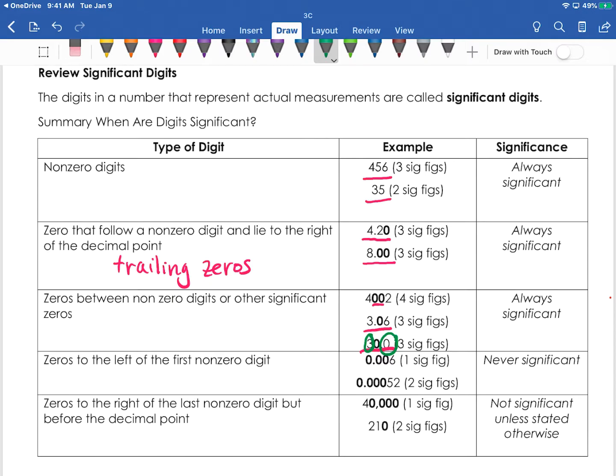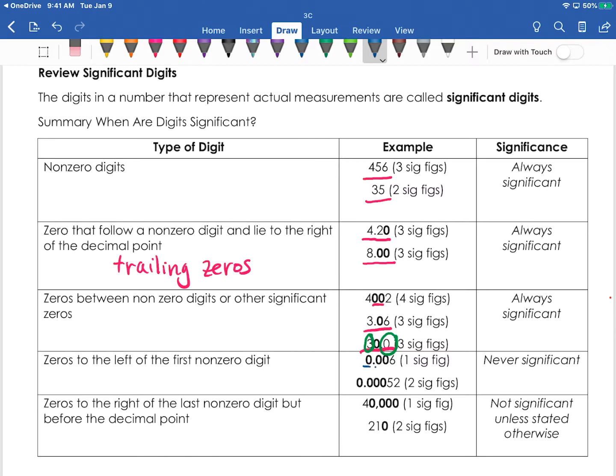In the next rule, we have zeros to the left of the first non-zero digit. Those are never significant because those zeros do not represent a measurement. So let me underline this maybe, and let's do blue.